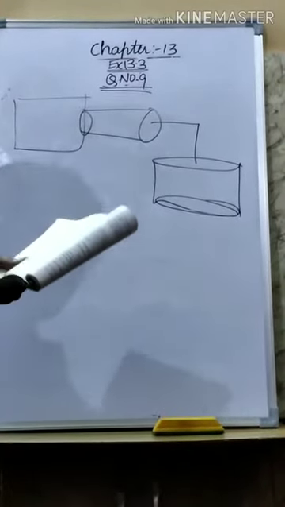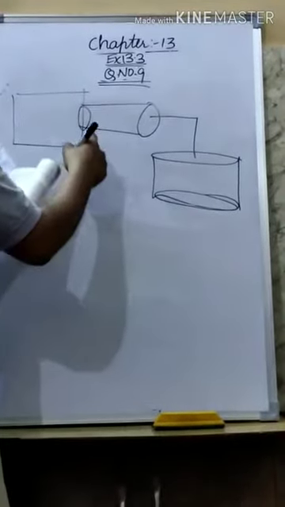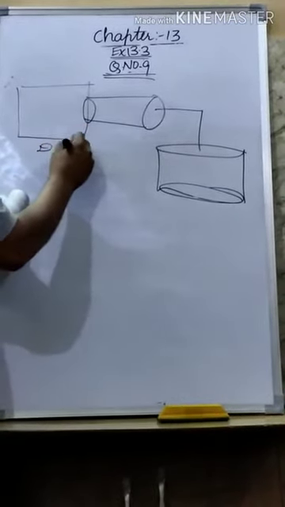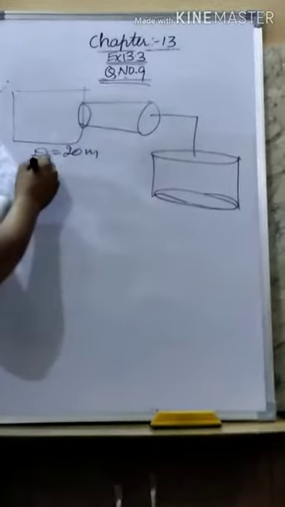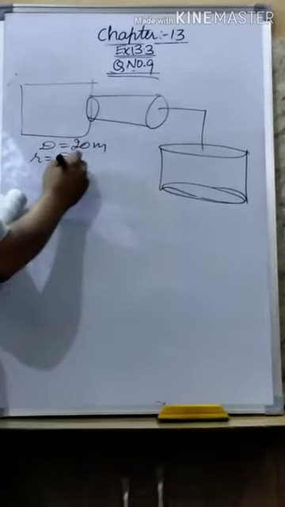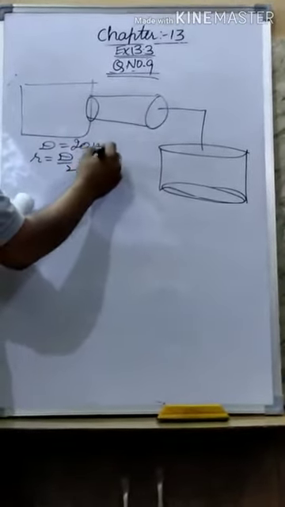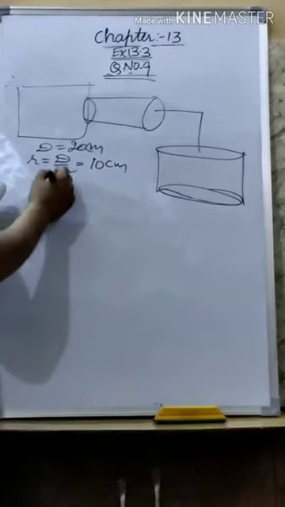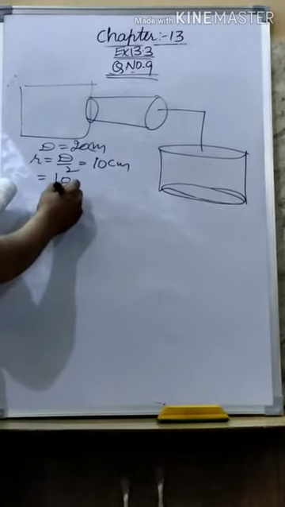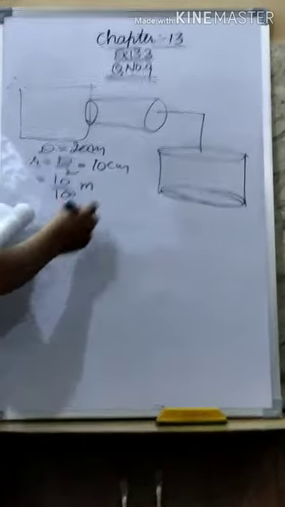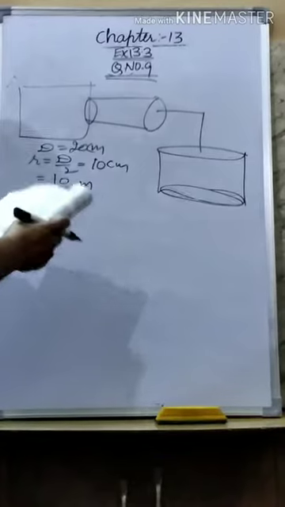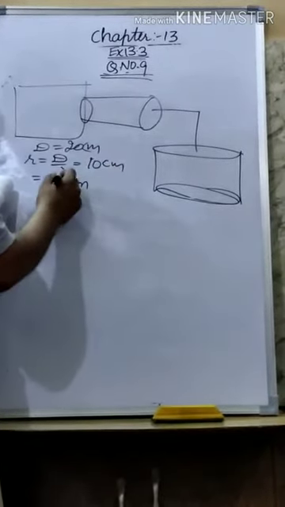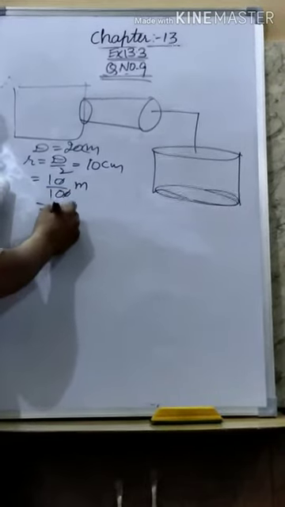And what is the diameter of this pipe? The diameter of the pipe is given as 20 centimeter. So radius is diameter by 2, that is 10 centimeter. Converting into meter, it is 10 by 100, that is 1 by 10 meter.